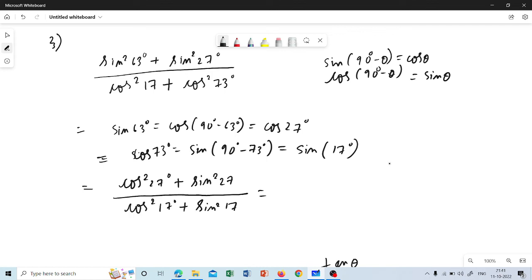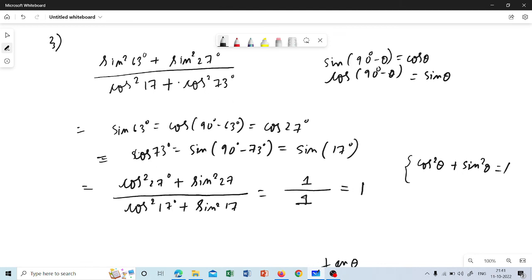Now you remember the identity: cos square theta plus sine square theta is equal to 1, whatever the angle may be. Since both angles are the same, 27 degrees, the numerator is equal to 1. In the denominator also both angles are the same, so it is equal to 1. So the answer is 1 here.